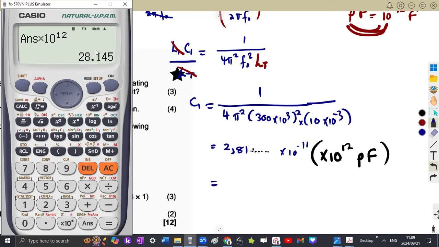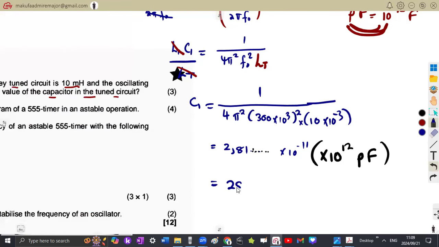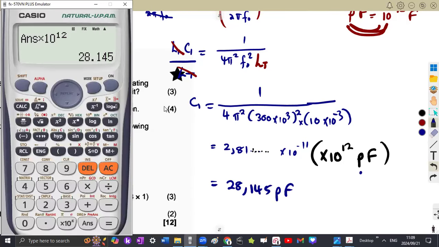This answer is automatically in picofarad by multiplying by the opposite of what we had. So we're going to have 28,145, which is picofarad. Automatically we have converted to picofarad. So that is the idea there that you need.